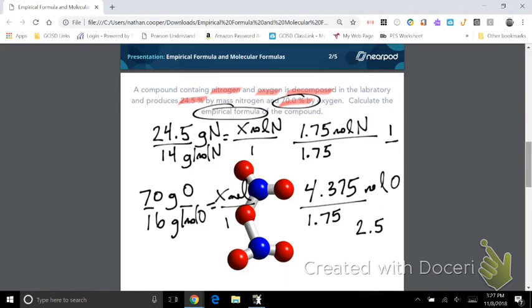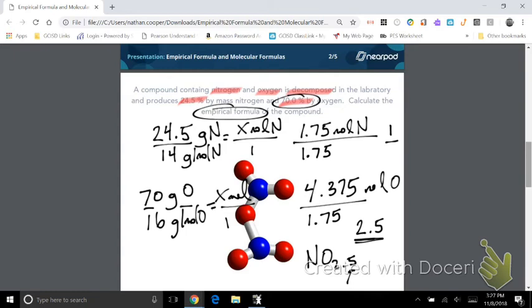So what do you do when you do step 2 and this is a hard round, meaning that you divide a mole amount by your smallest mole and one of these numbers ends up being a half? Because our formula cannot have 2.5, when you get a half, like in this case, you will double everything.